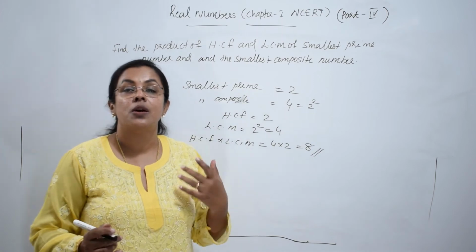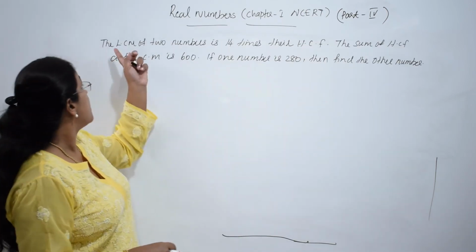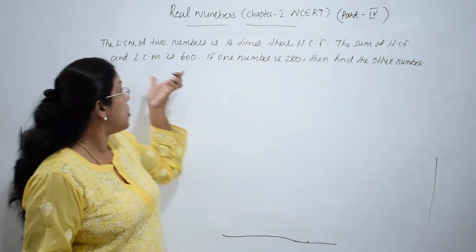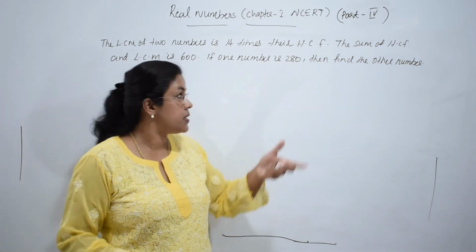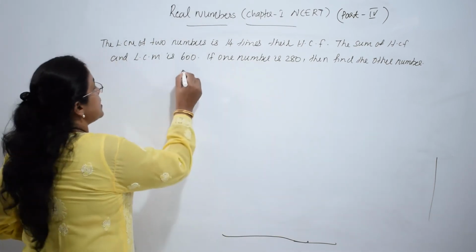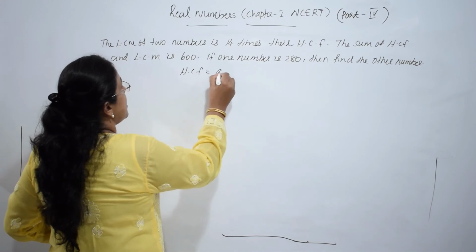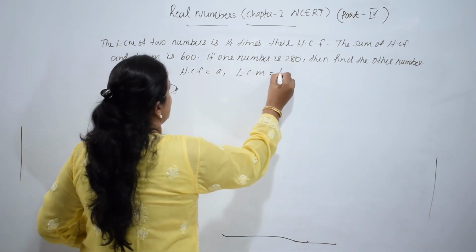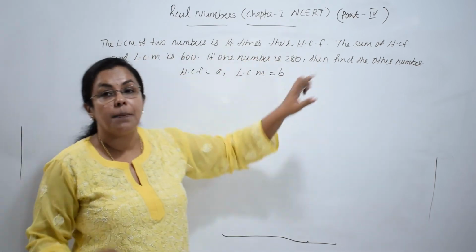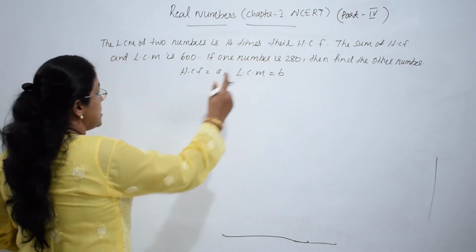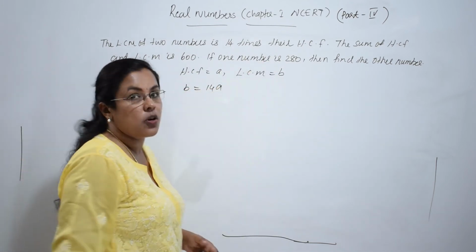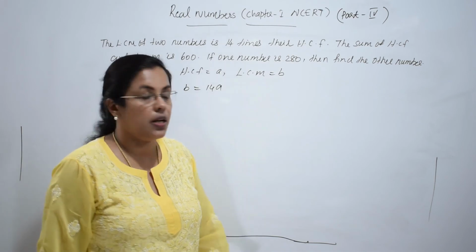Very easy question. Let us discuss one more question. The LCM of two numbers is 14 times the HCF. The sum of HCF and LCM is 600. One number is 280, then find the other. Take HCF as A and LCM as B. LCM of two numbers is 14 times their HCF, so B is equal to 14A.